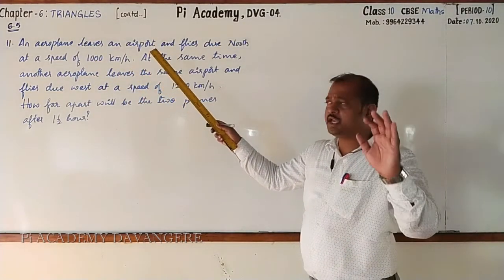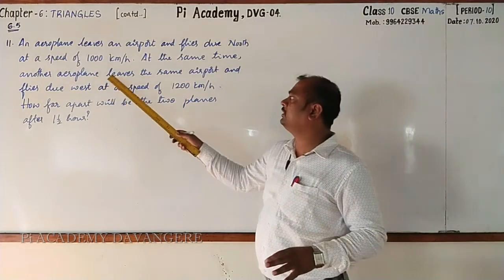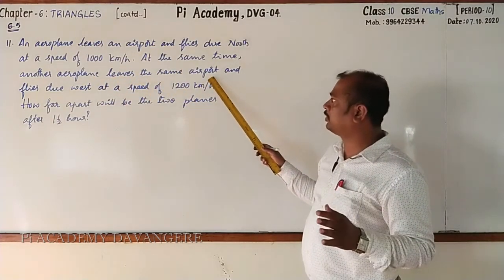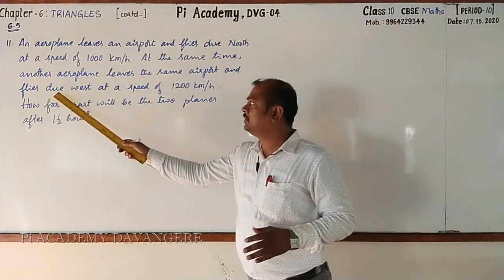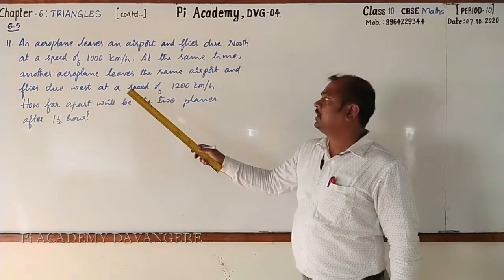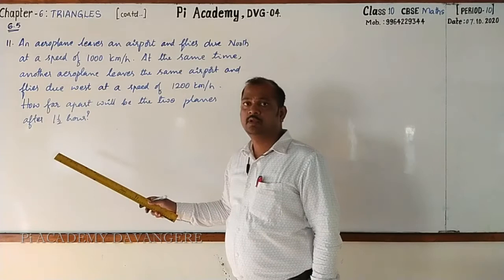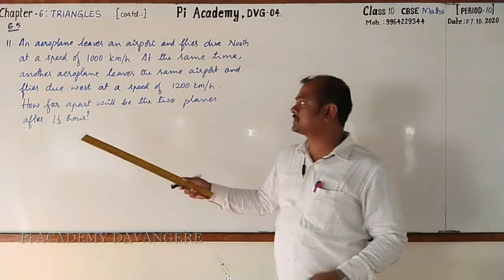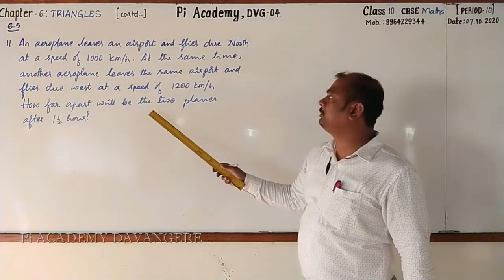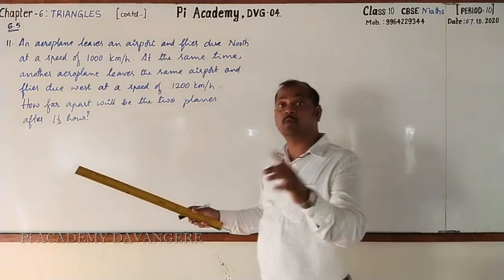At the same time, another aeroplane leaves the same airport and flies due west at a speed of 1200 km per hour. So they cover different distances. How far apart will the two planes be after 1.5 hours?